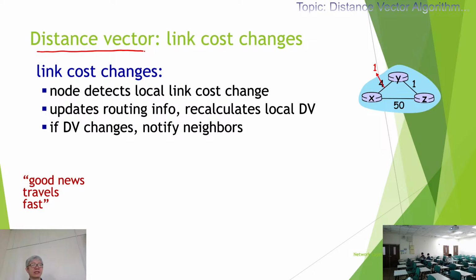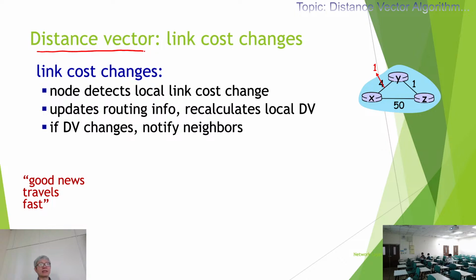So this is the key idea of distance vector. If you want to have the next hop, of course you will pass on the DV in a specific node to decide which output link you need to go. Up to now, this is the main idea of the distance vector based on the Bellman-Ford equation.